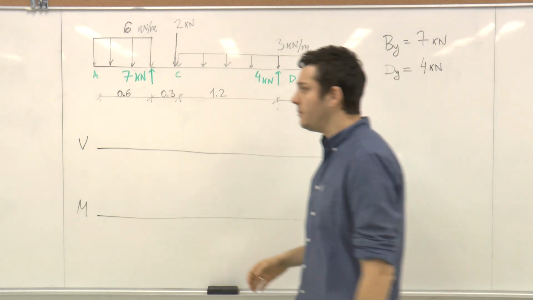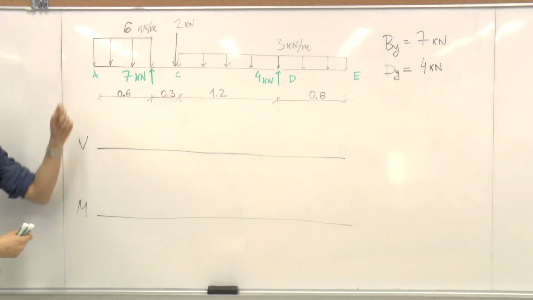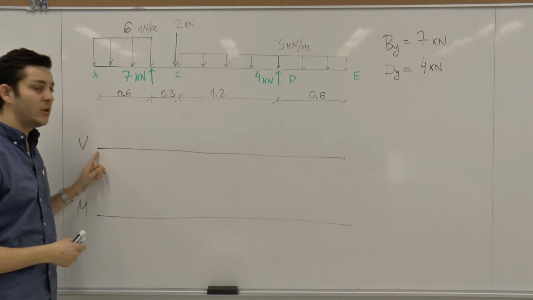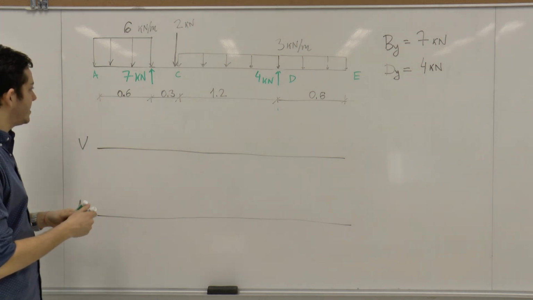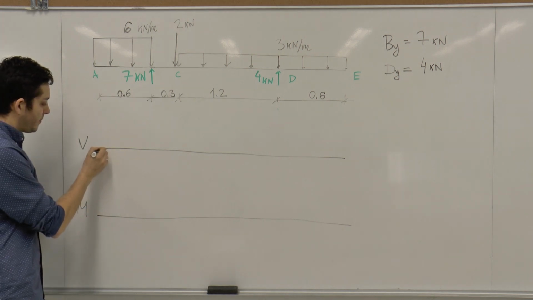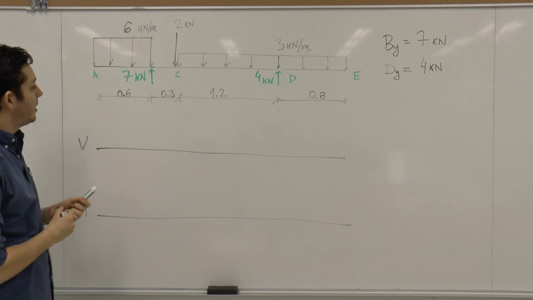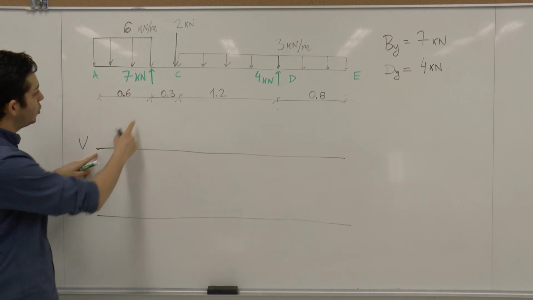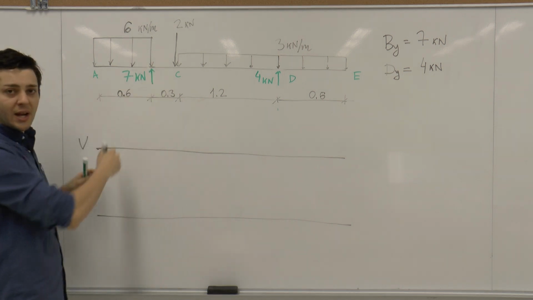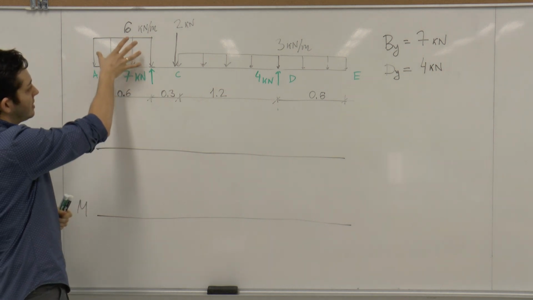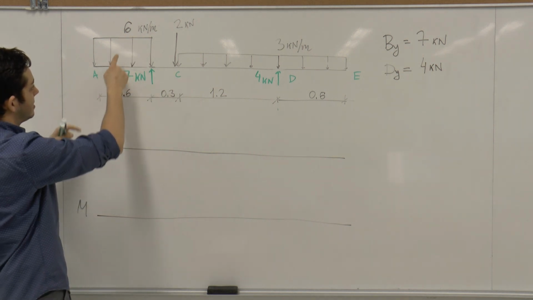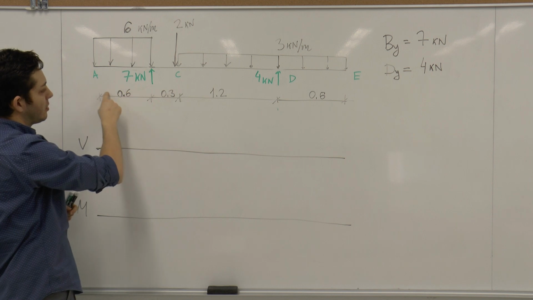So at point A, we don't have any concentrated loads, so we have no jump. We're starting from a value of 0. And we know that from point A to point B, the change in the shear force is the area here. So it's 6 times 0.6.